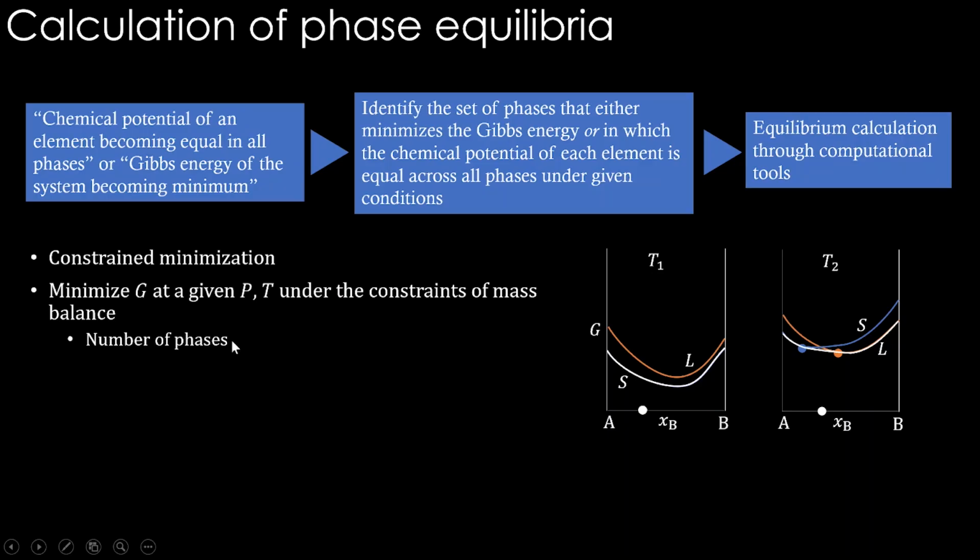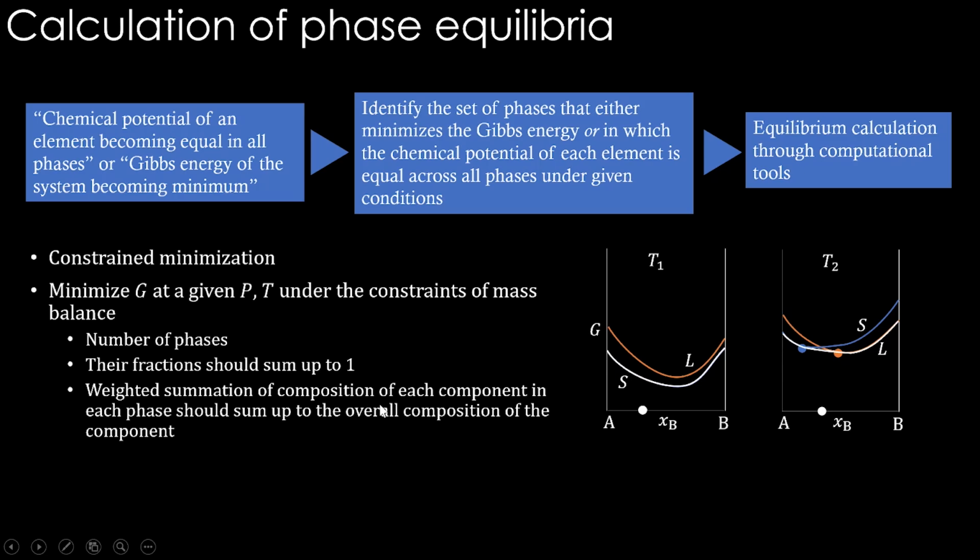So the number of phases, their fractions should sum up to 1. Weighted summation of composition of each element in each phase should sum up to the overall composition of the component, right? Think about it. If we have certain elements, let's say A, B, C, three elements are there. Percentage of A, percentage of B, percentage of C is there. This is the overall composition. And let's say two phases are there in this material, and in each phase, A, B, C, all the three elements are there.